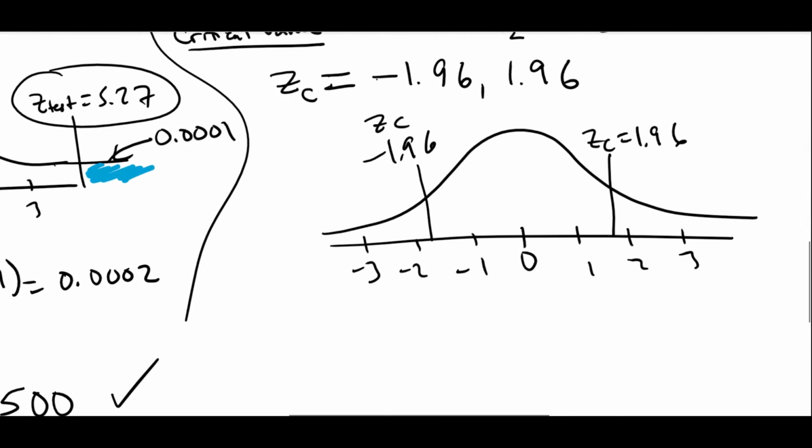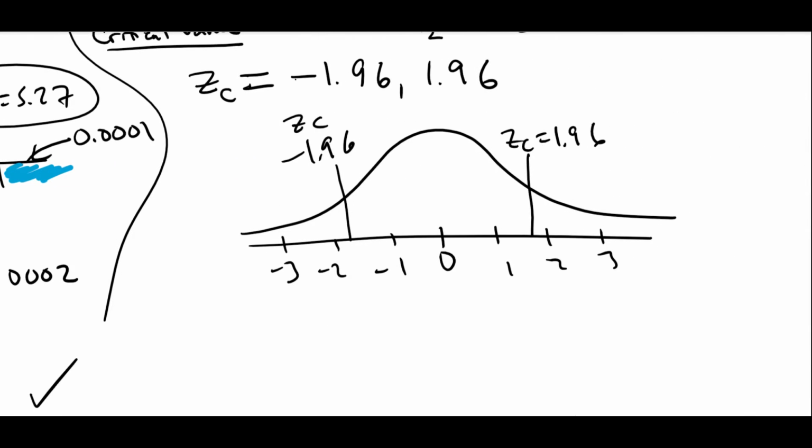Here I have 2 criticals, right? Because it's a two-tailed test. So I'm going to label this in red for rejection. These are known as my rejection regions, okay? So if I'm in that red region, I'm going to reject the null hypothesis. The area for each of these is 0.0250. That's my alpha divided by 2 that I got earlier. Not that you need to know that for this.